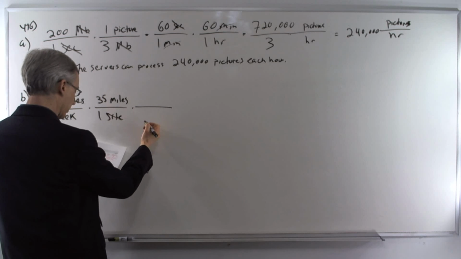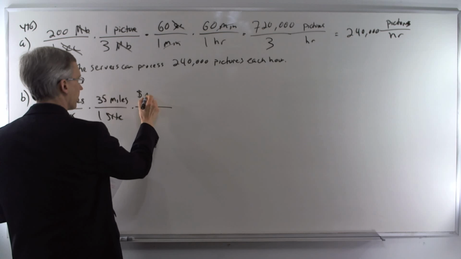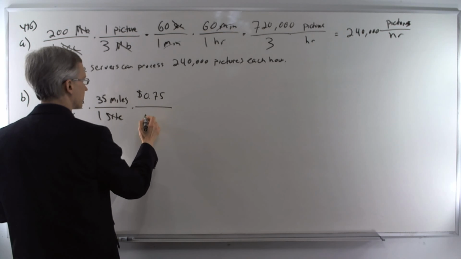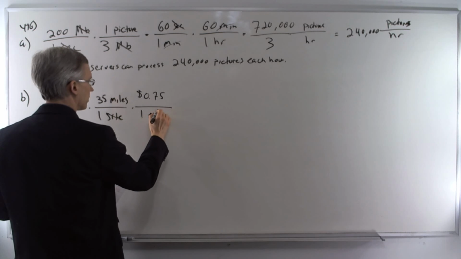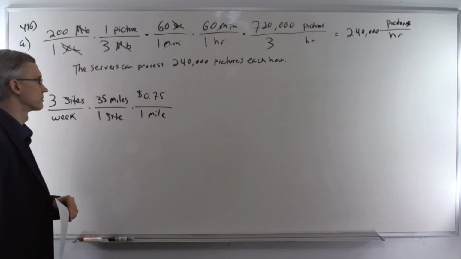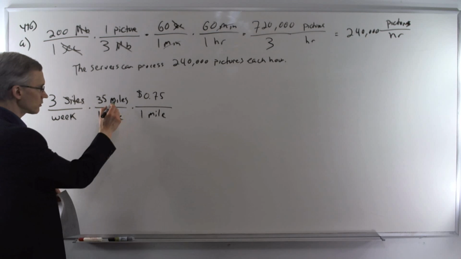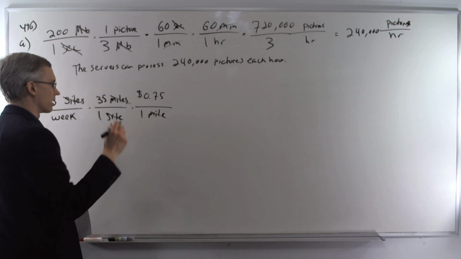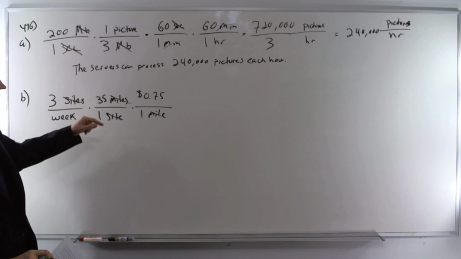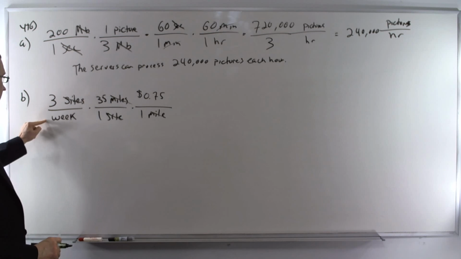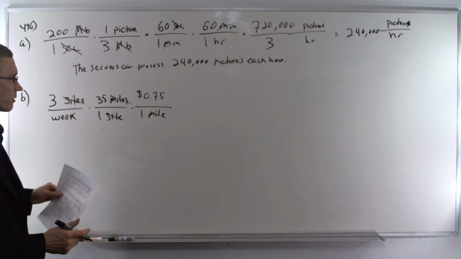And we know that we're going to be paying about 75 cents for every 1 mile in total vehicle costs. All right, that gets rid of miles. Now we've got dollars. Now we're getting really close because we have dollars per week, and now we just need to get to dollars per month.